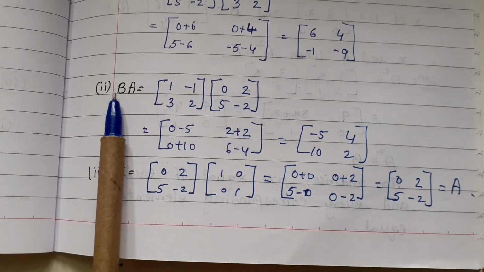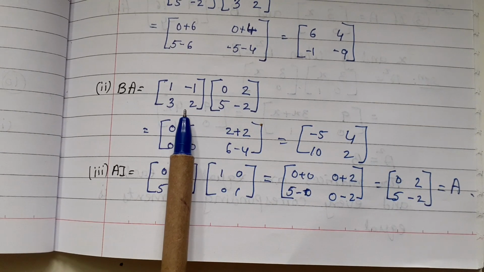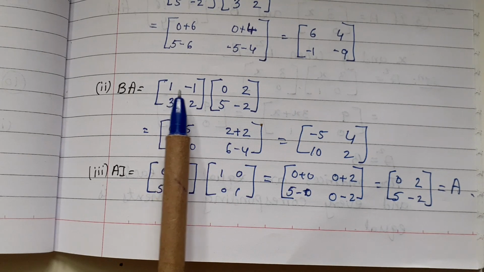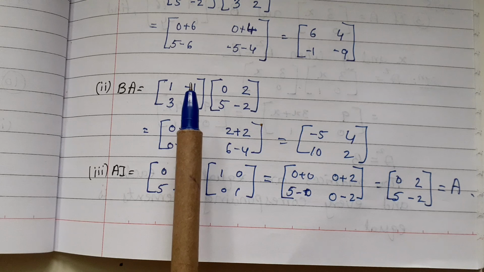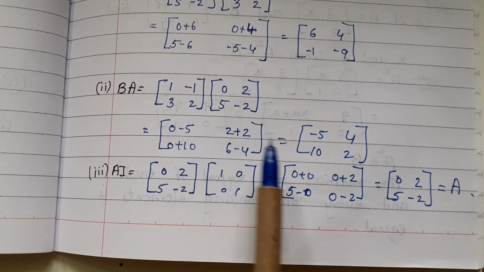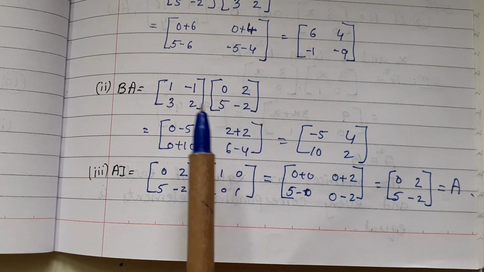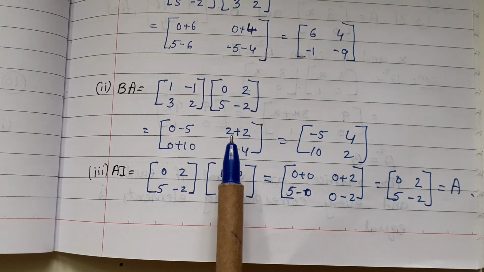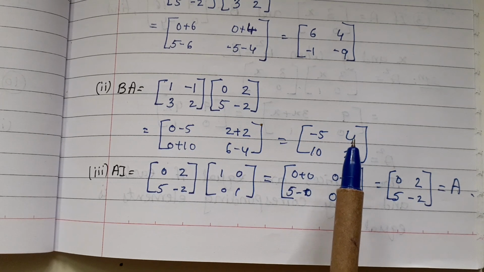Second part, BA. So first write B matrix and then A matrix and then multiply. 1 zeros are 0, minus 1 into 5, minus 5, 0 minus 5, minus 5. Second element, 1 2s are 2, minus into minus plus 2, 2 plus 2, 4.